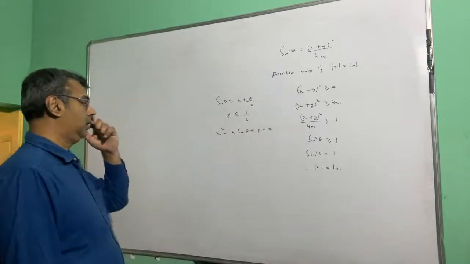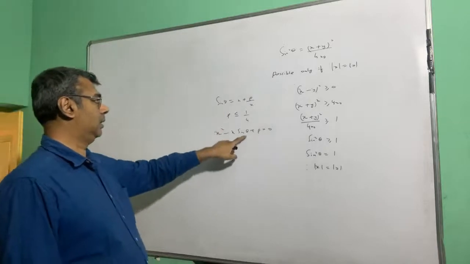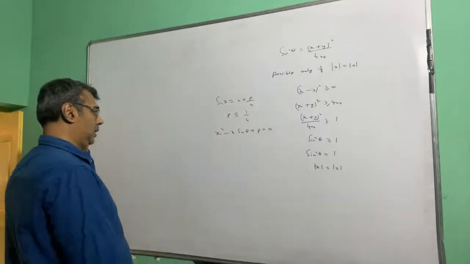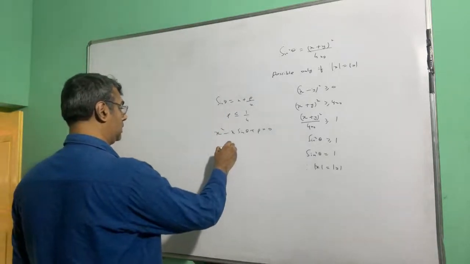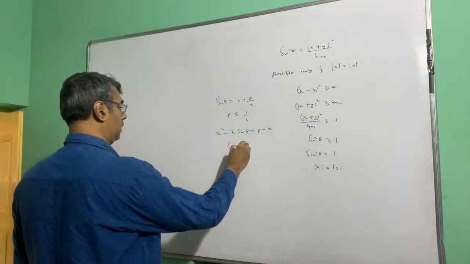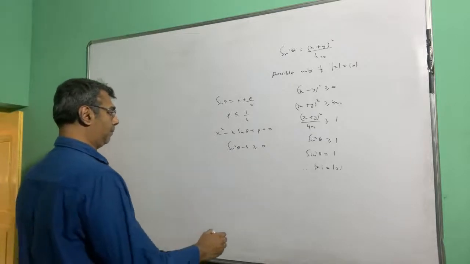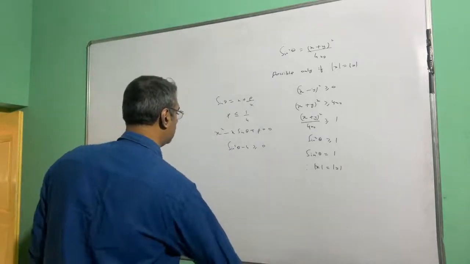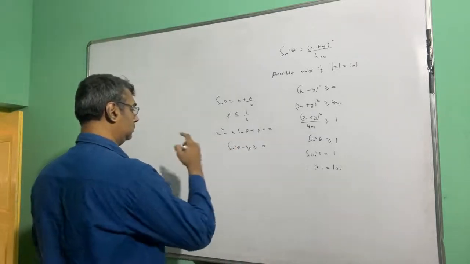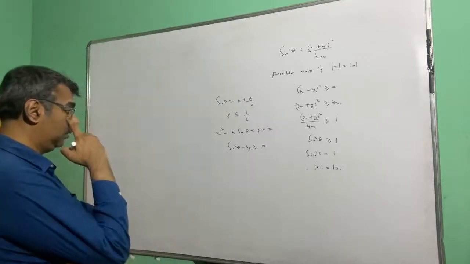So after taking LCM, we can write x² − x sinθ + p = 0. So this is a quadratic. So the discriminant will be greater than or equal to 0.